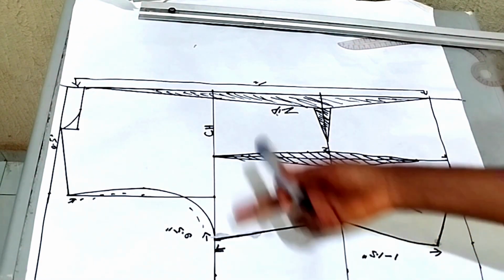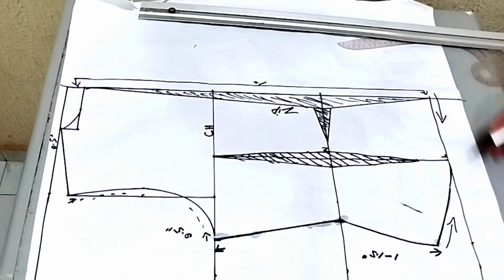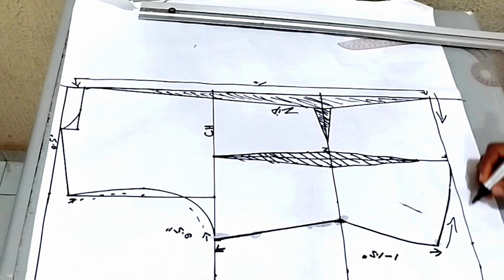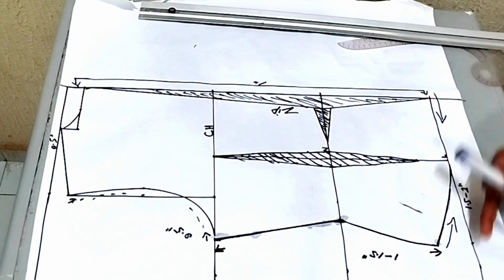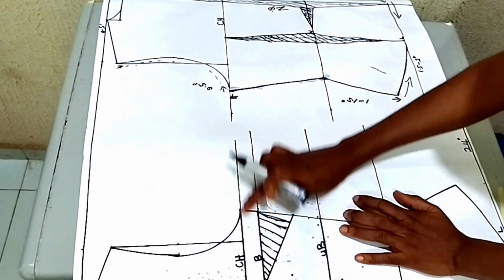And then on the hemline, please make sure to add at least 1 inch or even 1.5 or even 2 inches, because this is the hemming line. You have to fold it, and most times people use hemming gum to fold it in.